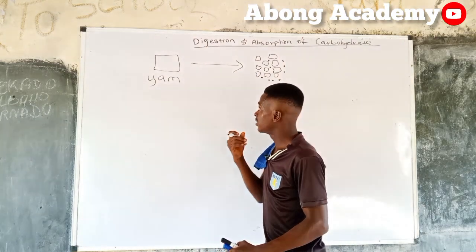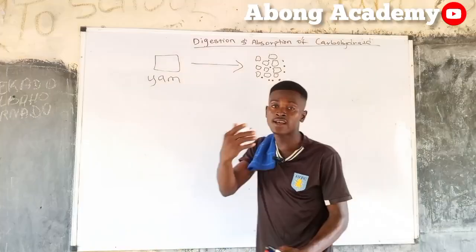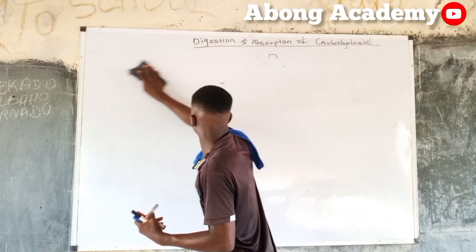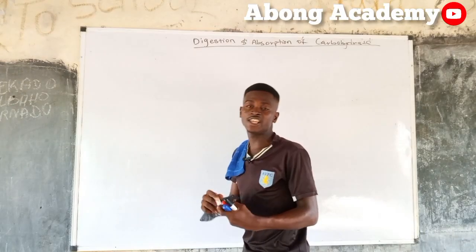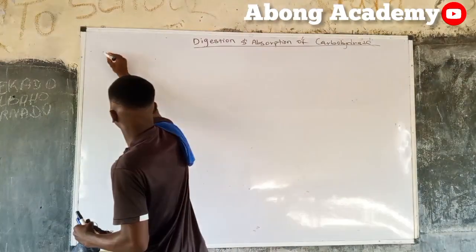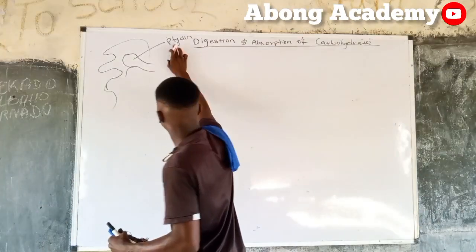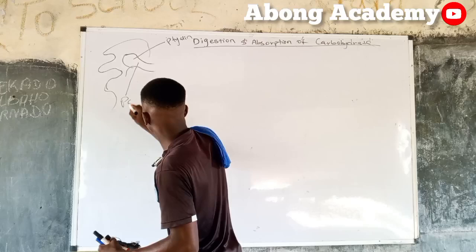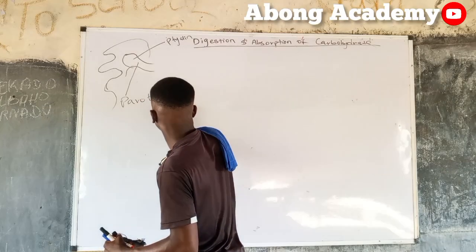And now, this breakdown requires enzymes. Carbohydrate digestion begins in the mouth. This is the mouth. Ptyalin is secreted by the parotid gland.